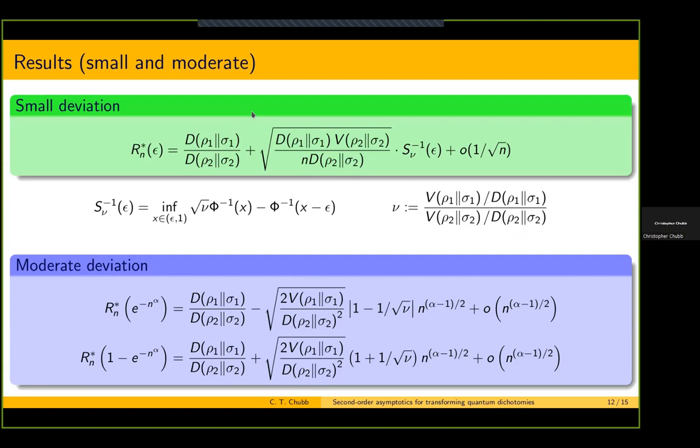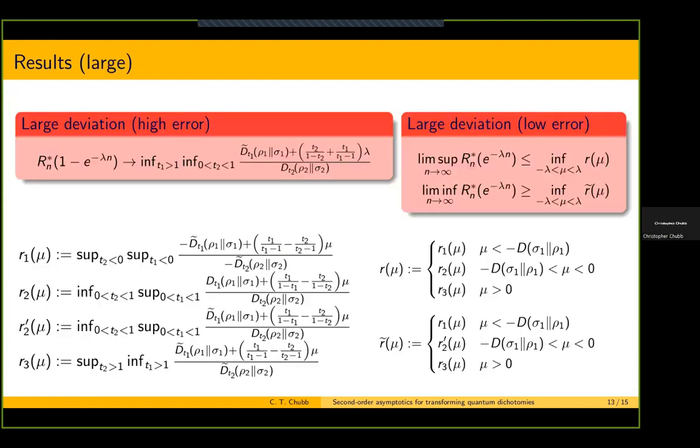Yes, that's correct. So how about the next page about the large deviation results? Do you still need rho 2 and sigma 2 to commute?